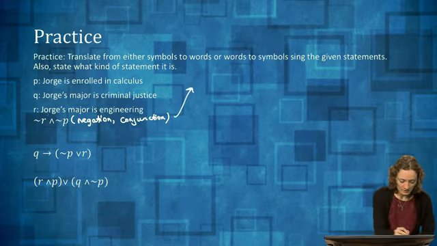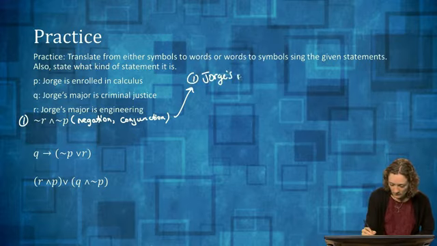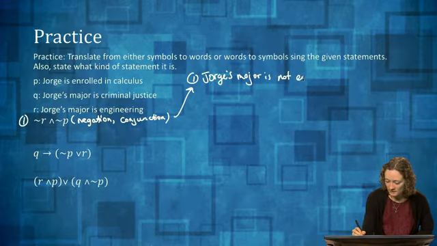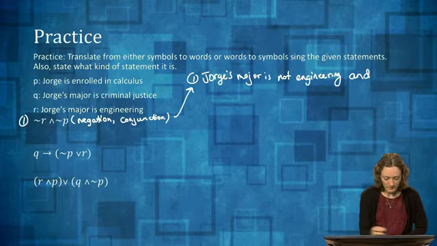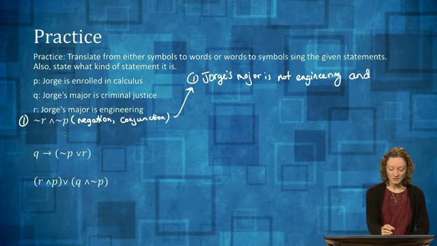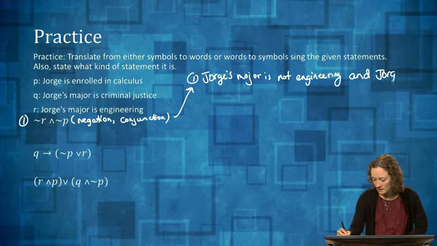We'll do this up here. 1. So negation R. George's major is not engineering. And, negation P. P, George is enrolled in calculus, so negation of that, George is not enrolled in calculus.